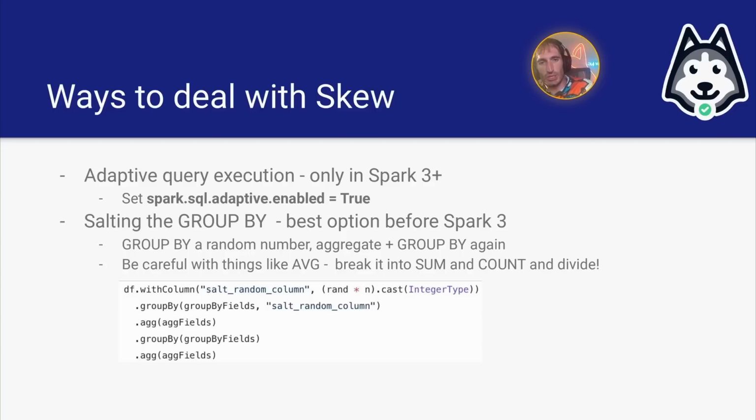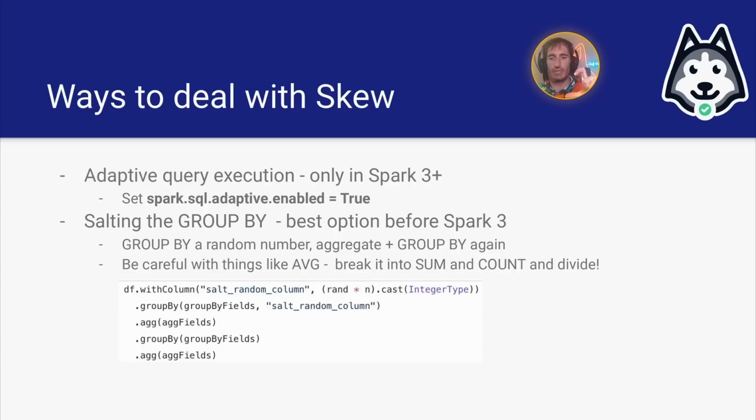This doesn't work with a skewed join, but it works with a skewed group by. What you do is add a column which is just a random number, because that will break up the skew: some of it will go to one executor, some to another. Then you do two aggregations.